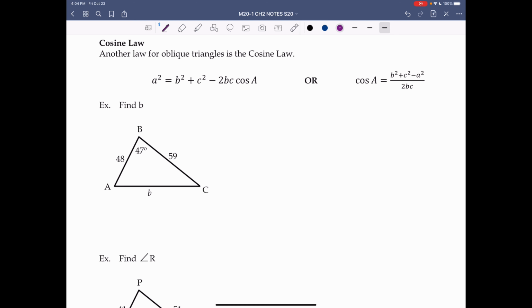The first one is to solve for a side length, and it is a squared equals b squared plus c squared minus 2 times b times c times cos of angle A. You should notice in this equation we're solving for a, and we have cos of angle A. So this is the angle across from the side we're solving for.